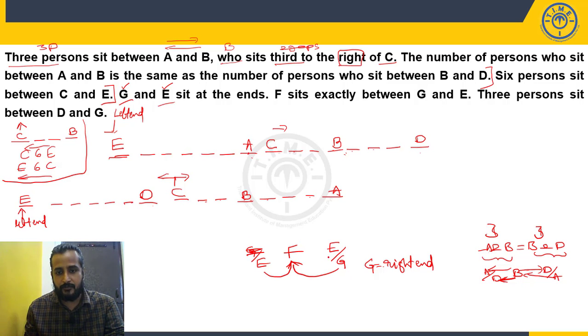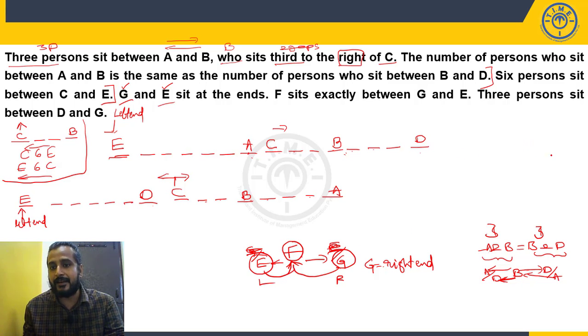So E is to the left of F and G is to the right of F. E is already in the arrangement, but you don't know the position of G and the position of F. G is at the right end, but you don't know where exactly to be placed. After D, how many places do we have to the right end? That we don't know. After A, at how many places do we have the right hand? That we don't know. But F has to be exactly between E and G.